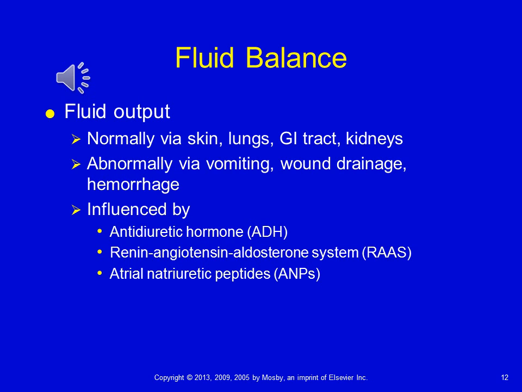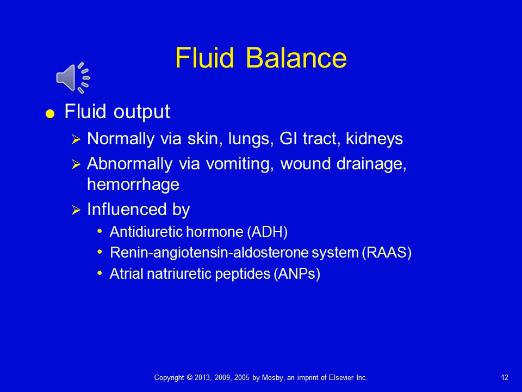ADH regulates the osmolality of body fluids by influencing how much water is excreted in urine. The RAAS regulates extracellular fluid volume by influencing how much sodium and water is excreted in the urine.